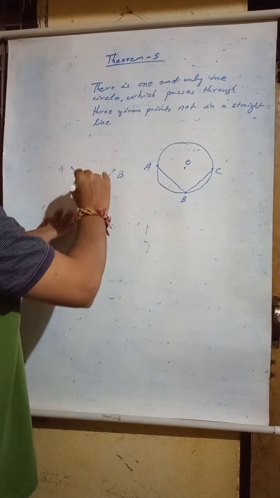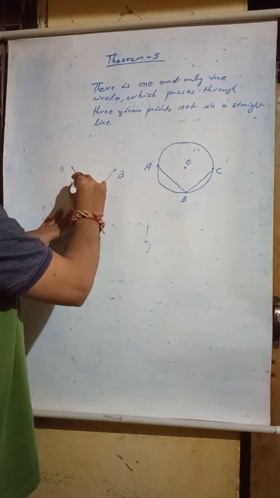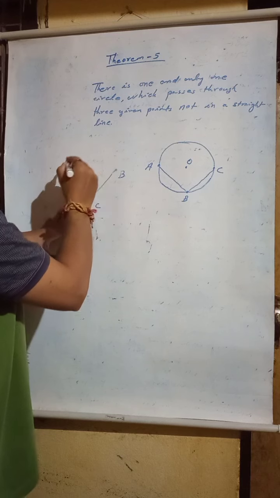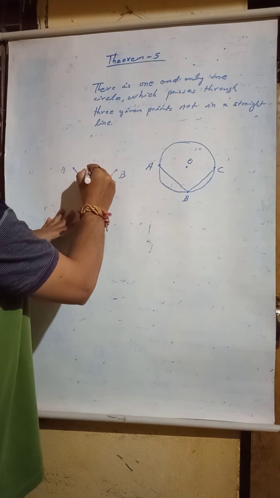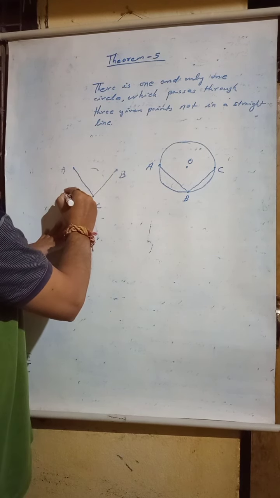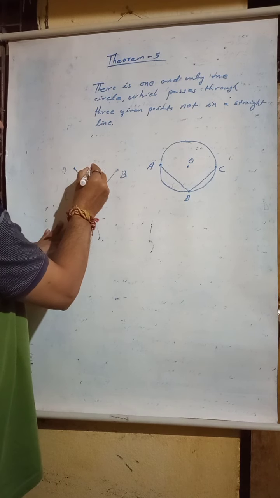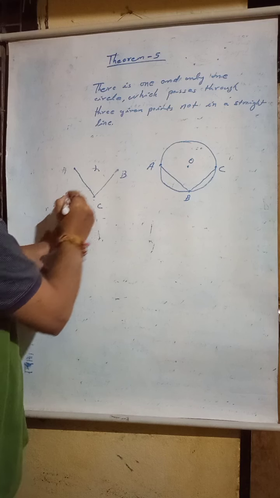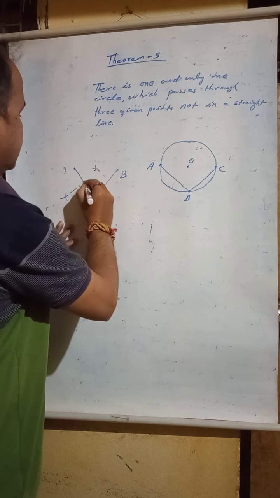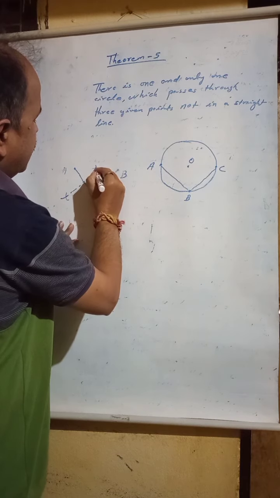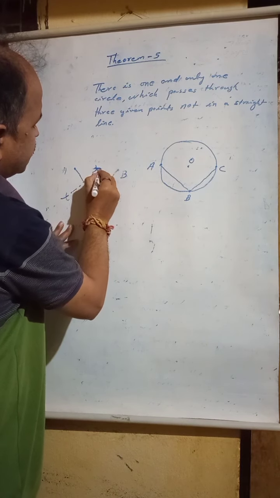Take the compass, take more than half the length of the line AC, this side and this side. Then keep the compass here, this side and this side. Join this line. This will be the perpendicular bisector.